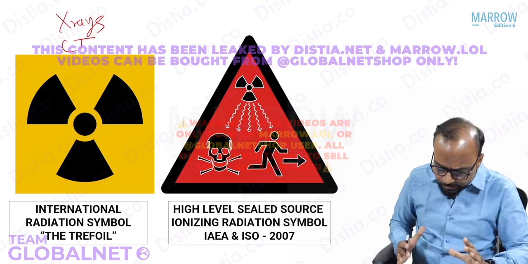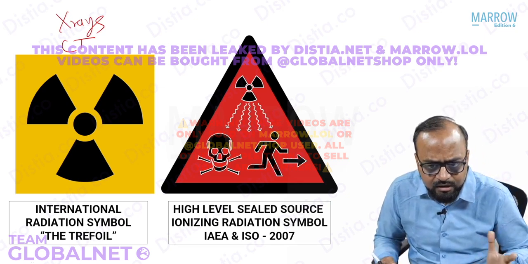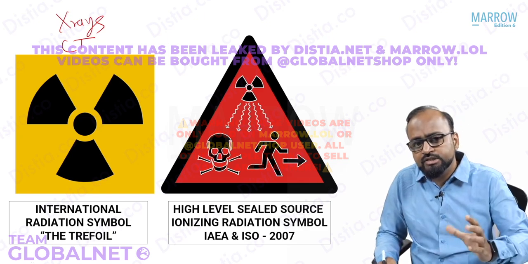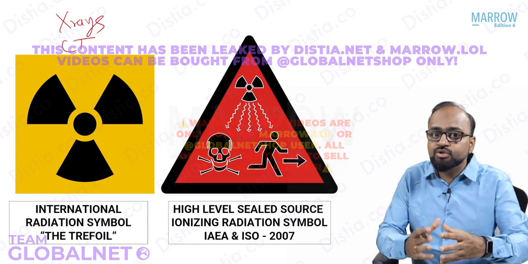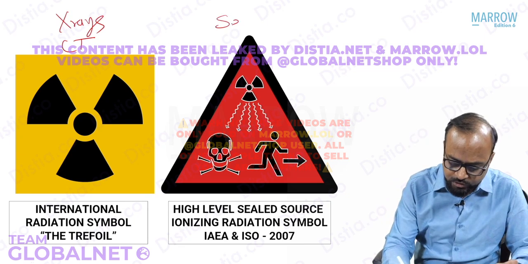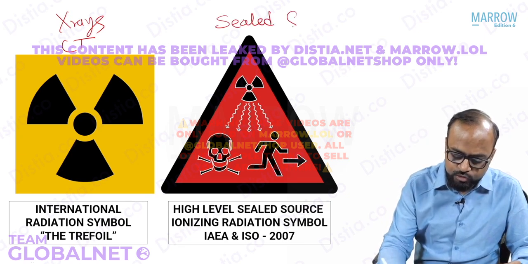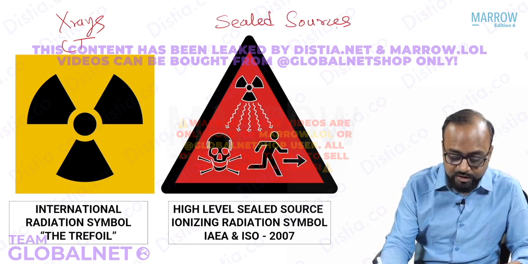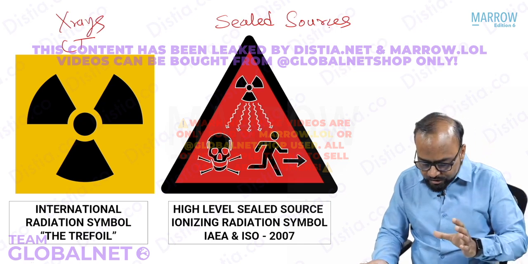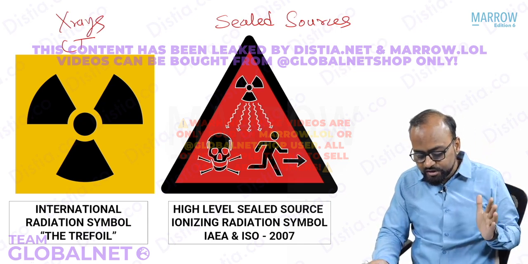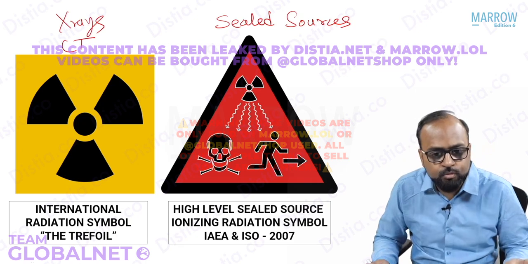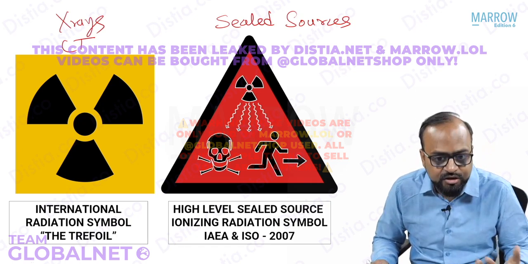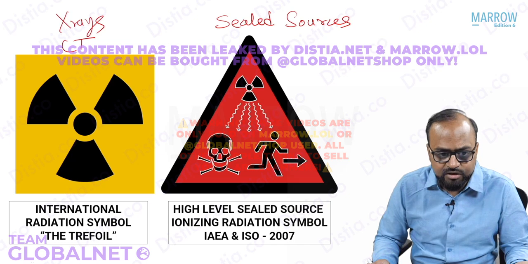Then, in certain equipment which is used for very high level radiation, such as in nuclear reactors and power plants, a high level sealed source ionizing radiation symbol is used. This has been approved by the International Atomic Energy Agency and the International Organization for Standardization also.